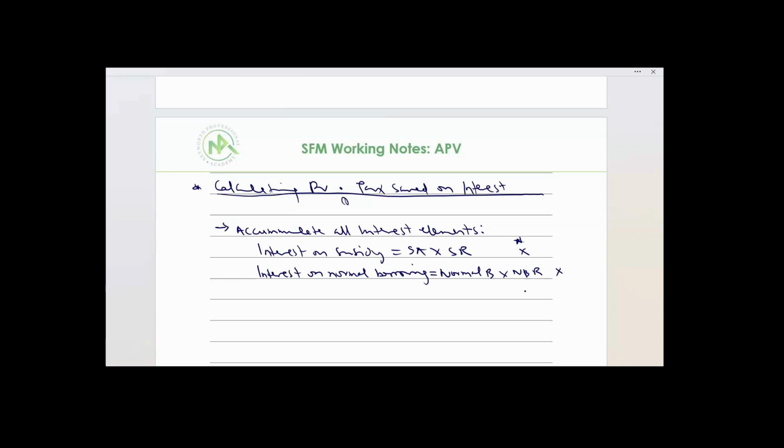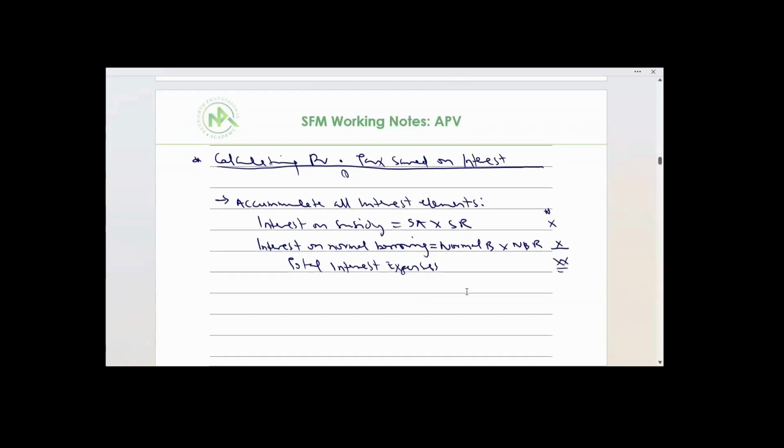So you have this here, you have this here. You have this as total. This is the total interest expense that the company will pay.